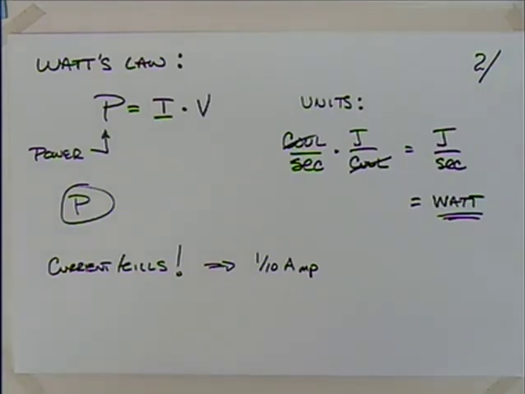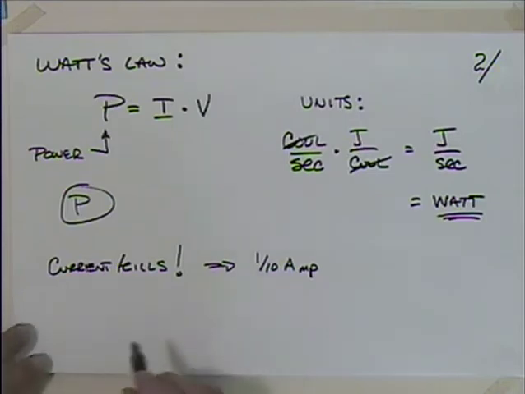So why aren't we having people getting killed when they're replacing a 12-volt battery in their car, or replacing batteries in a flashlight? Why don't we just have warning stickers all over like we have on other devices that we see around? That's because current kills, but you have to have enough voltage to push it through the skin.